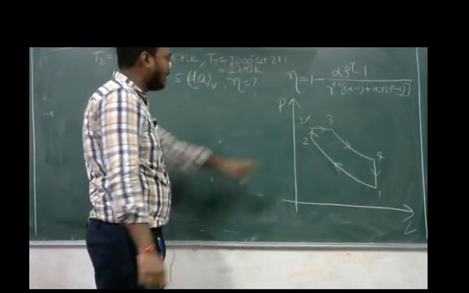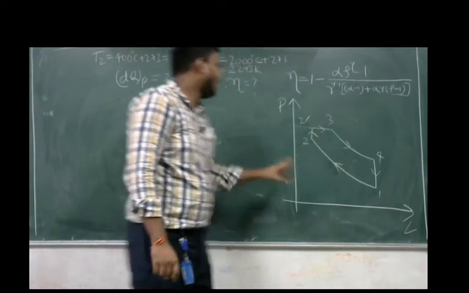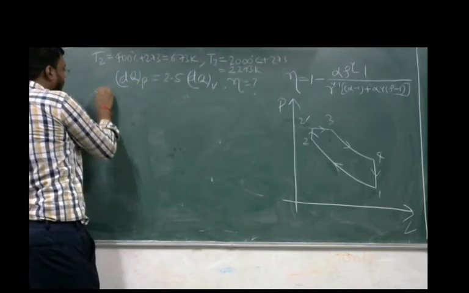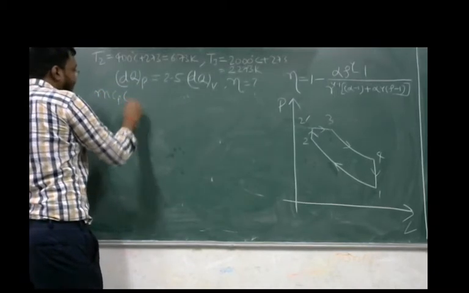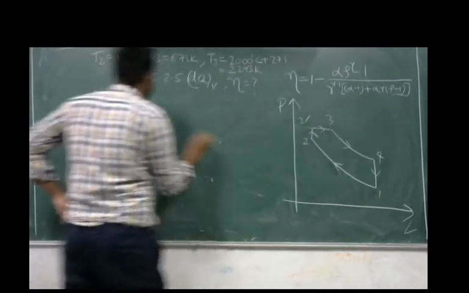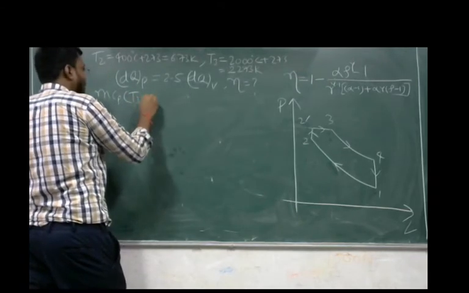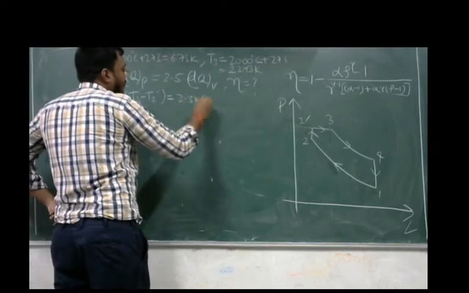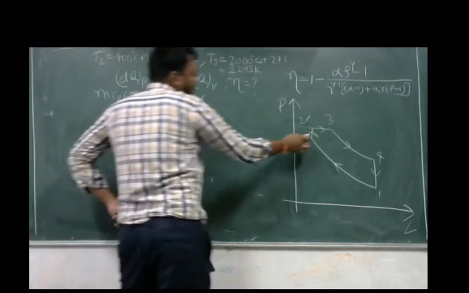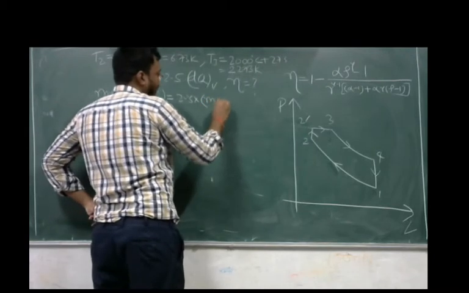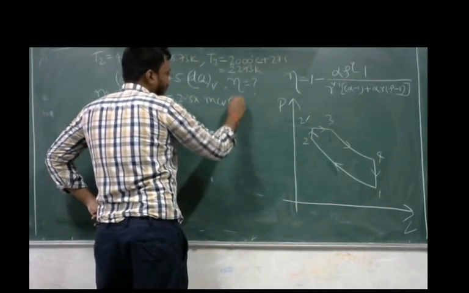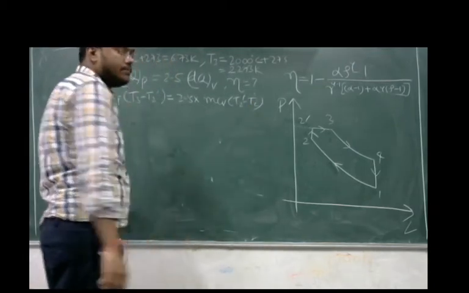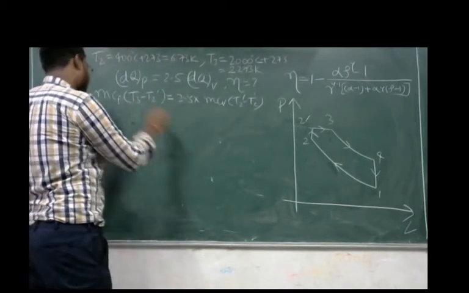So we can write dQ at constant pressure with the formula m Cp (T3 minus T2 dash) is 2.5 times dQ at constant volume, from 2 to 2 dash, so m Cv (T2 dash minus T2).